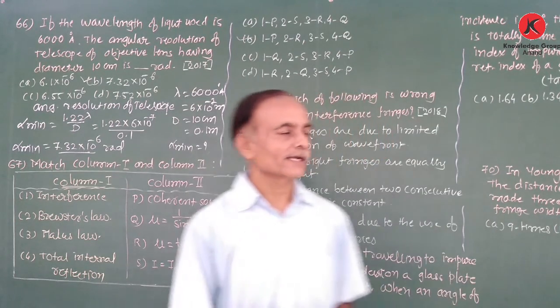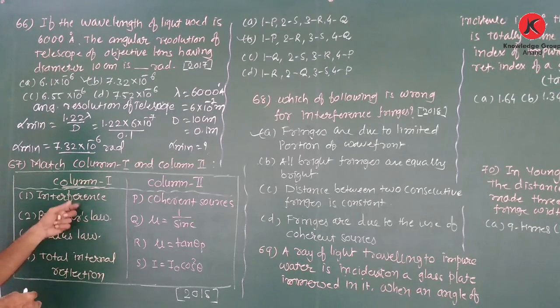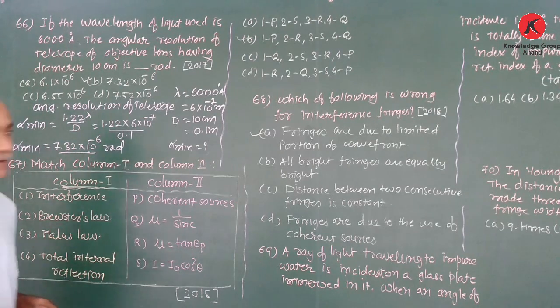For that purpose, the options are given in this way: 1 with P, 3 with S, and so on. Here we need our theory knowledge.